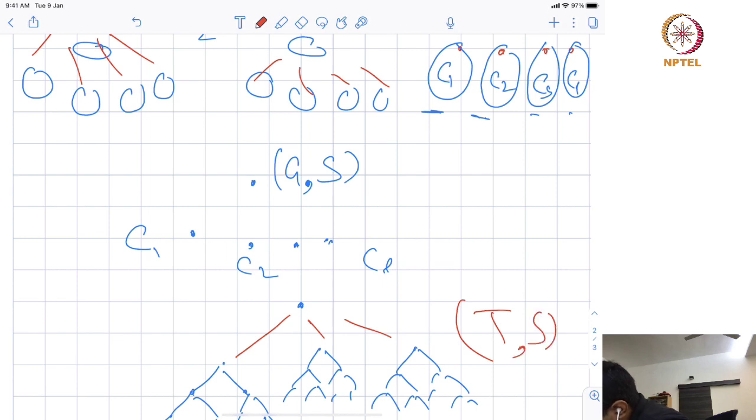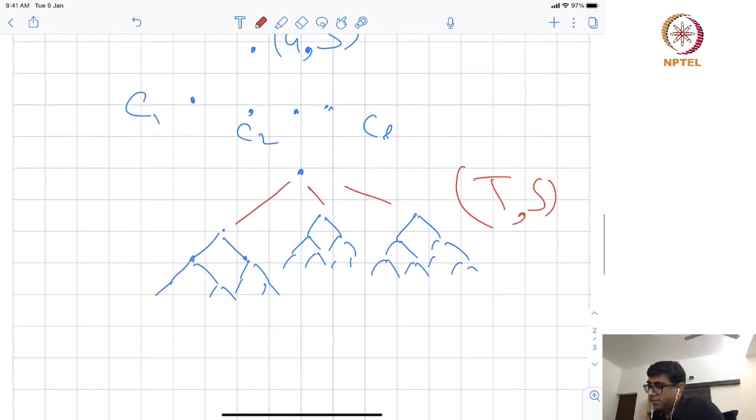Now, these components again will have some other separators, and such things can happen recursively. So notice that inherently, when we do this divide and conquer and distribute the components, the components form in a tree-like fashion.